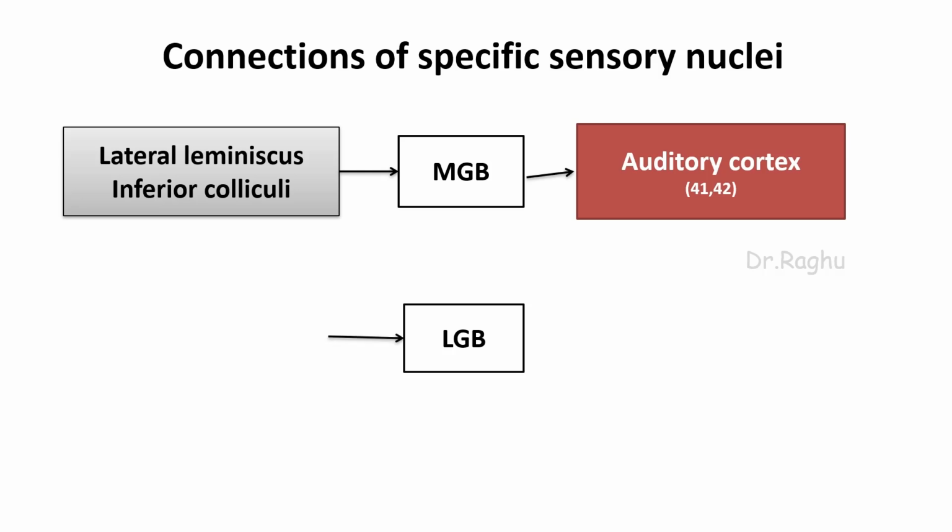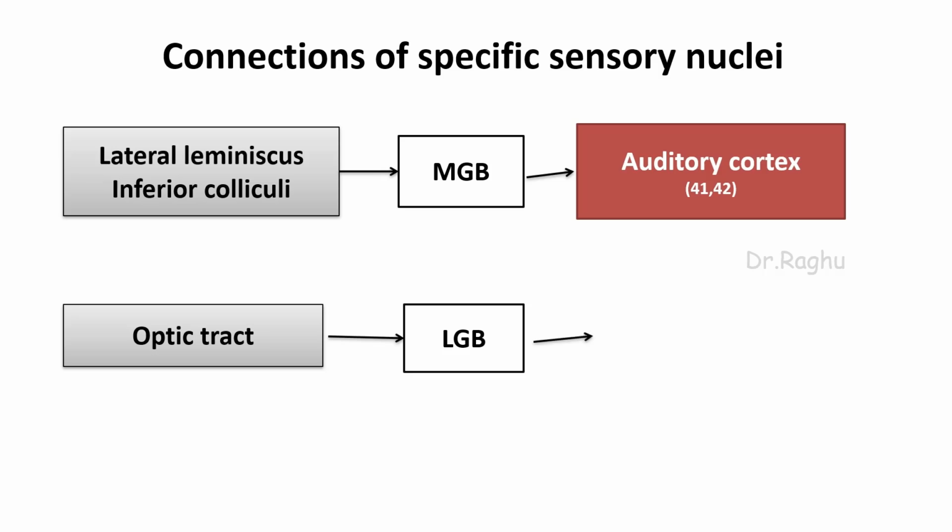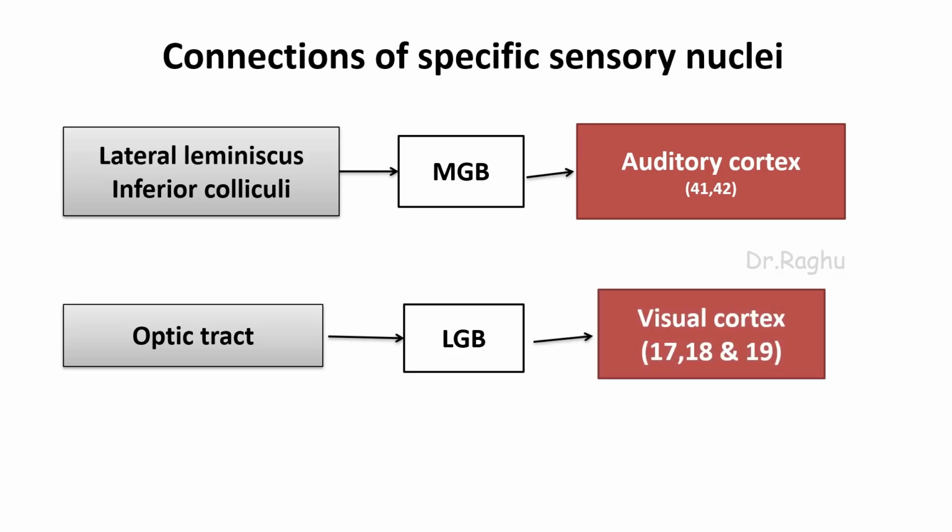So the lateral geniculate body is going to receive the afferents from where? It is going to receive the afferents from the optic tract. And where does the lateral geniculate body project to? It is going to project to the visual cortex, the area number 17, 18 and 19. The tract which arises from the lateral geniculate body and projects to the visual cortex is also called the geniculocalcarine fibers or the geniculocalcarine tract.